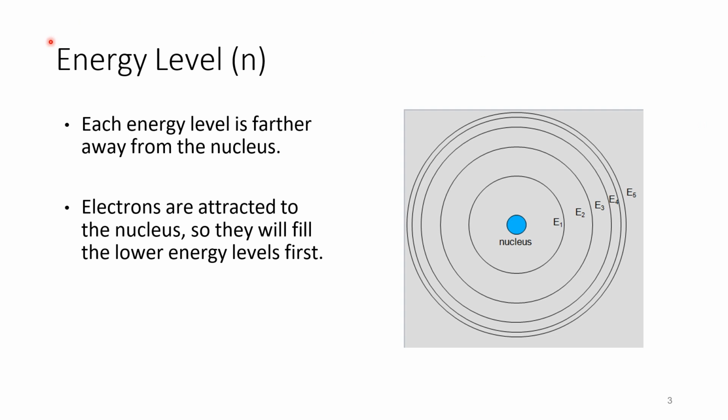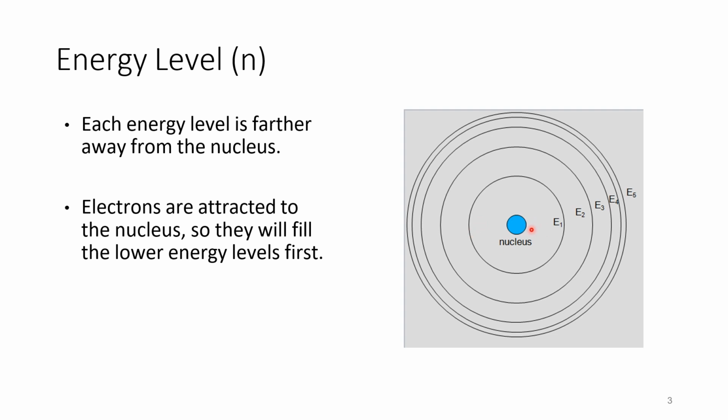Let's move to the next slide. Energy levels are represented by the symbol n. Each energy level is further away from the nucleus. What does this mean? Notice how E1 is close to the nucleus, and E2, E3, E4 and E5 are progressively further away.